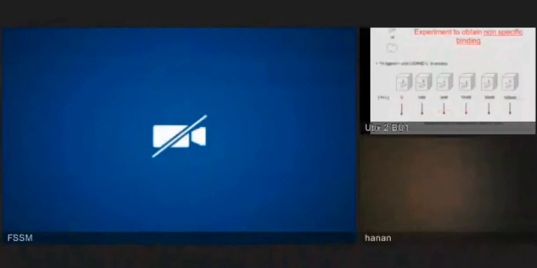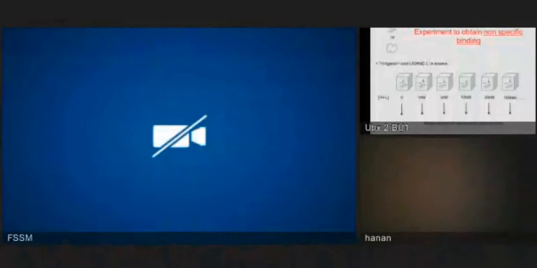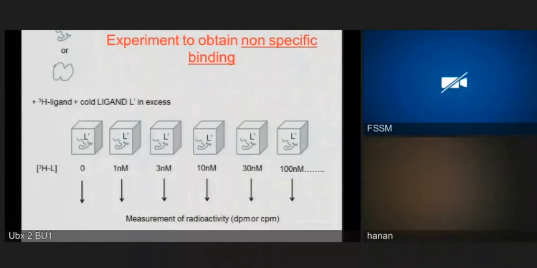Teacher? Yes? We didn't get how we get the values of non-specific binding. The values are the same, except that you put at the same time another ligand. So imagine you have your receptor and another ligand, L prime, that you know binds on the receptor.